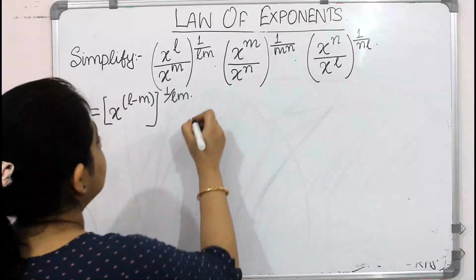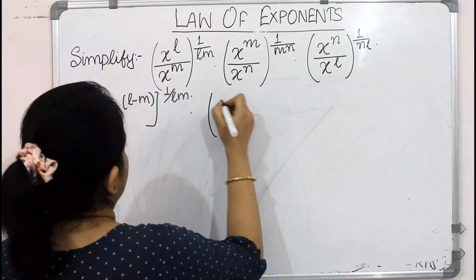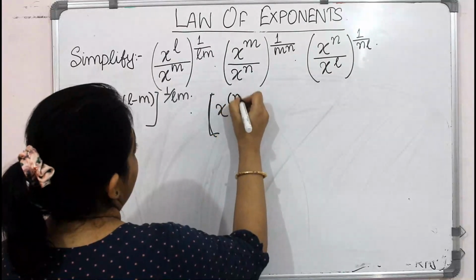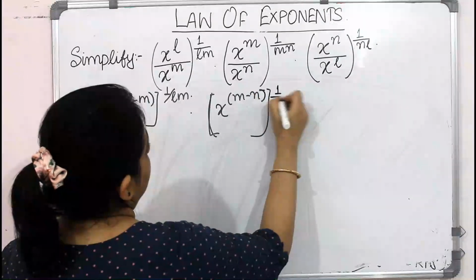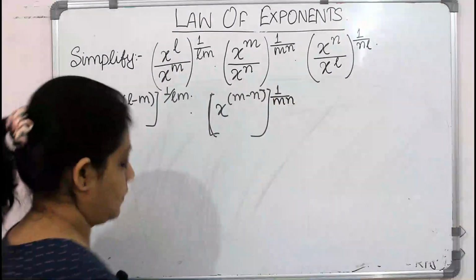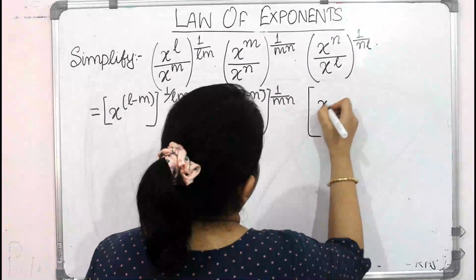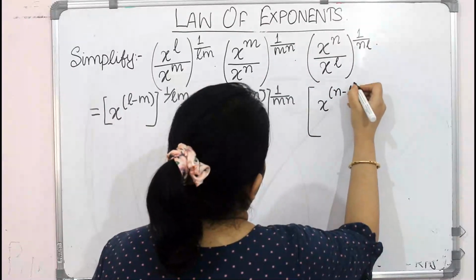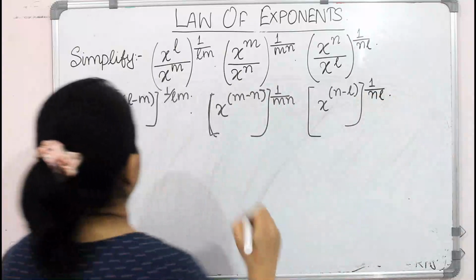So here also it is the same, x to the power of m minus n, to the power of 1 by mn. Okay, and next is x to the power of n minus l, to the power of 1 by n.